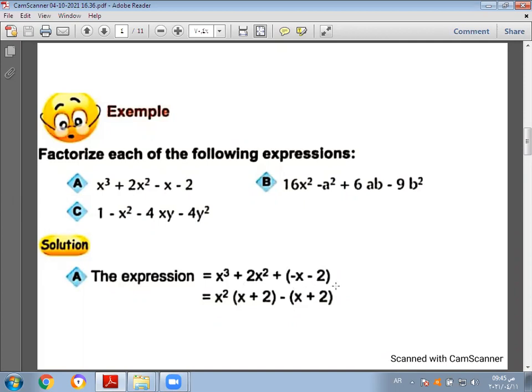In the other terms, we take the negative sign or negative 1 as HCF. If we take negative, x will be positive and the 2 will be positive. So if we take negative outside the bracket, we find x plus 2. Then we find the common bracket will be x plus 2.